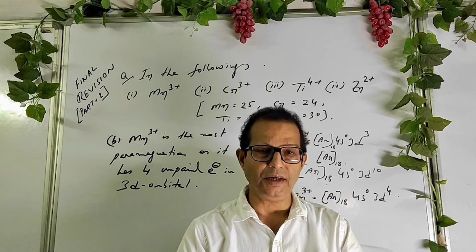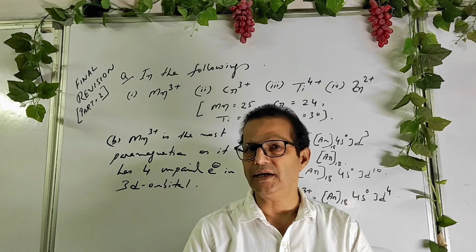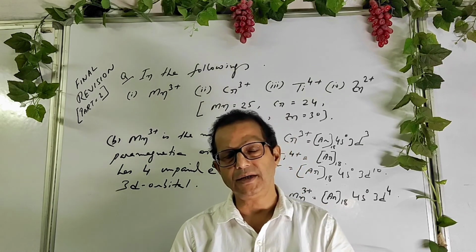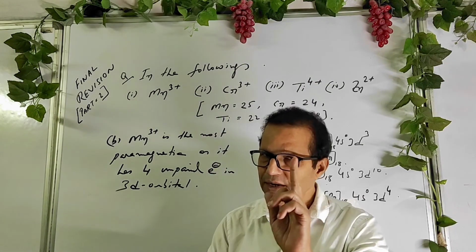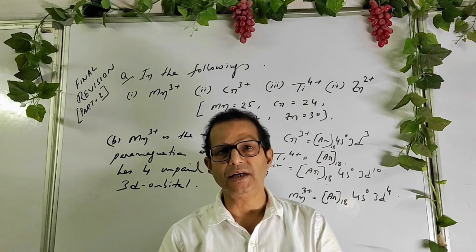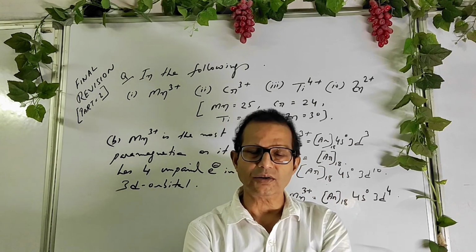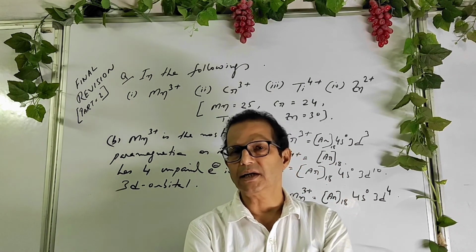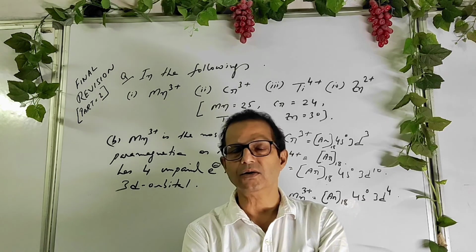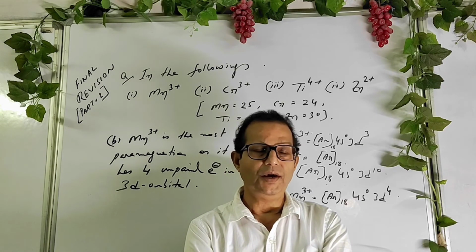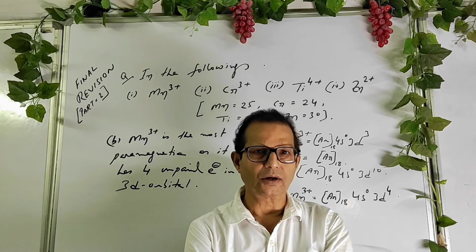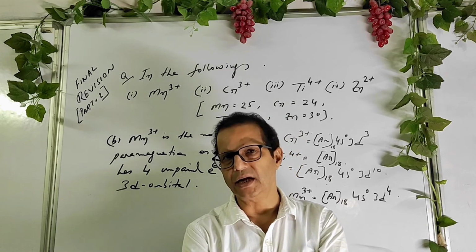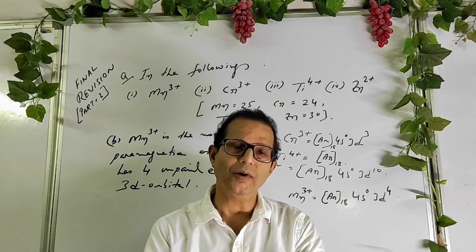In chemistry, white is considered as colorless. So remember it. If any ion is diamagnetic in nature, that is, if all the electrons are paired, the salt is colorless or white. If any transition metal ion contains unpaired electrons, the compound is colored.